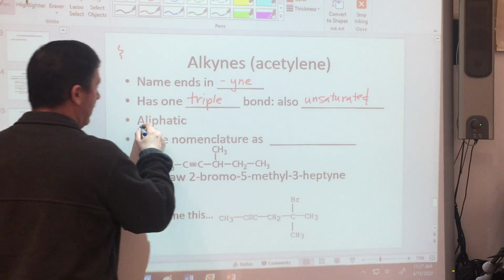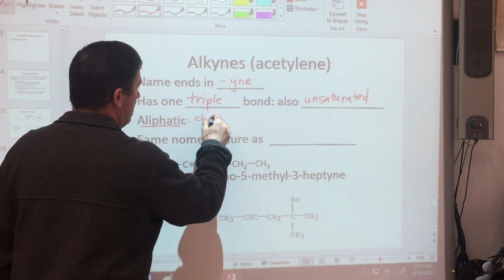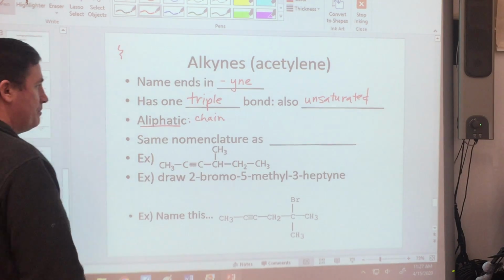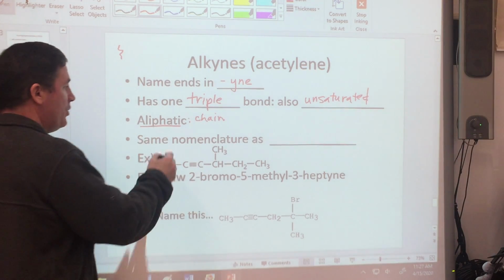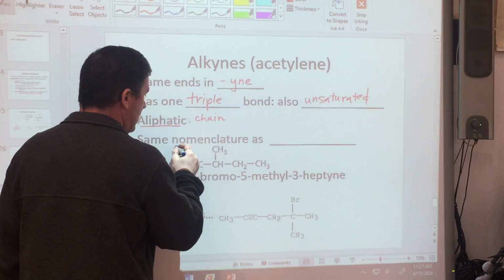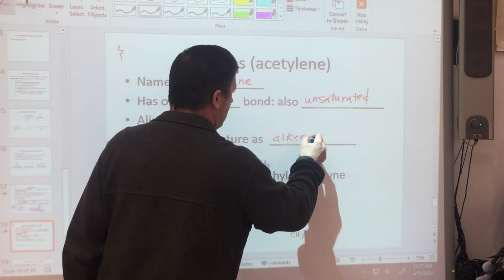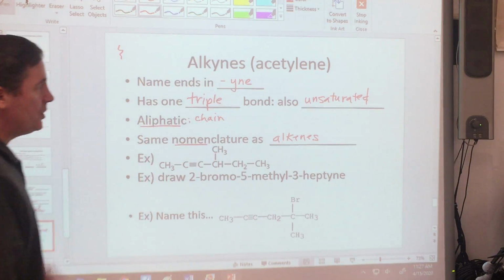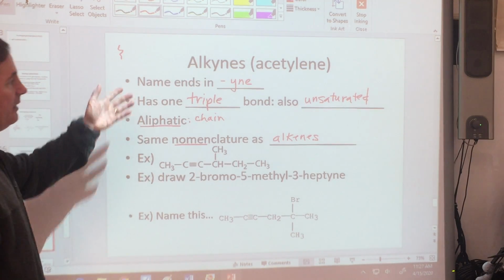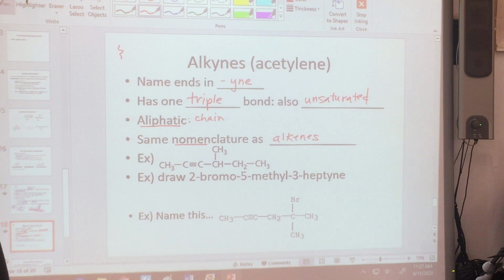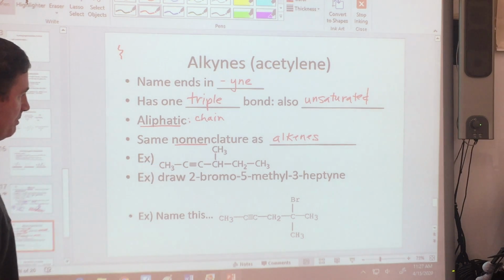They are aliphatic. Again, that means in a chain. We use the same nomenclature, which is basically a naming system, as alkenes. So what we just learned with alkenes, we will apply that to alkynes. So let's see if we can name these.